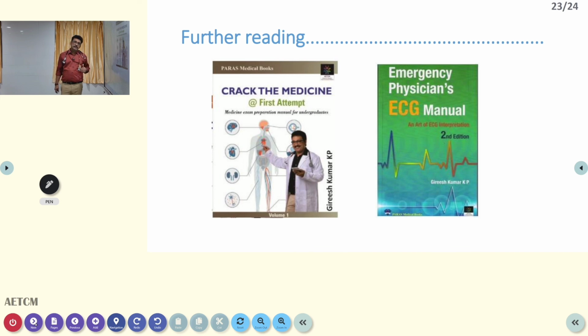If the rate is controlled and we have time, then rhythm control can be done by amiodarone or some other means, and we always have to investigate the reason for atrial fibrillation. Suppose the person has thyrotoxicosis, if you treat the thyrotoxicosis, the atrial fibrillation will reverse. If the patient has pulmonary embolism, you treat that, and it will reverse. So that is the advantage of a reversible cause of atrial fibrillation. If it is due to cardiac disease, then that has to be treated.